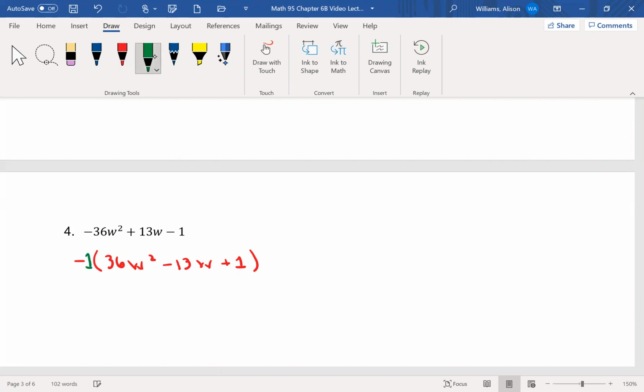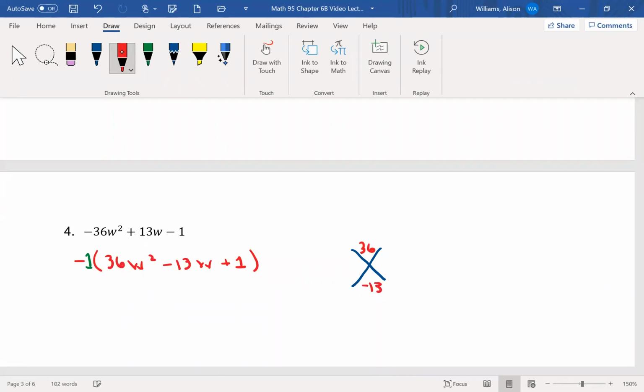All right, so let's factor what's inside. I see we have 3 terms, so we're going to use the x method. At the top of the x is going to be 36 times 1, which is 36. Bottom of the x is -13.